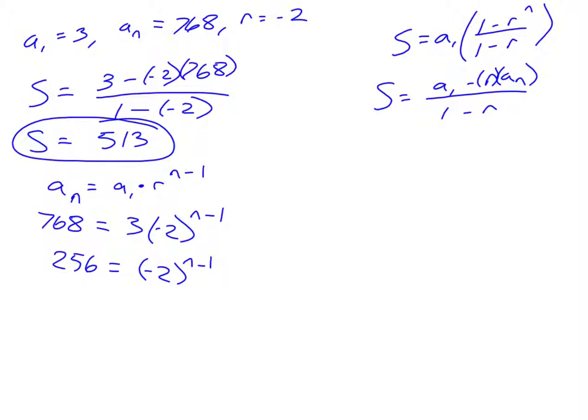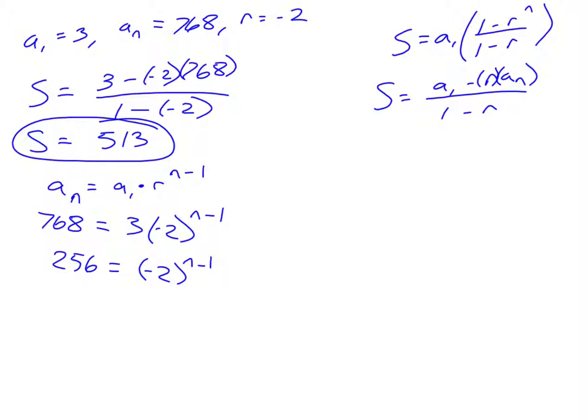First thing I gotta do is figure out a way to get n out of the exponent. Anybody remember how I can get n out of the exponent? What have we done this year that allows us to take something from the exponent and get it out? Logs.